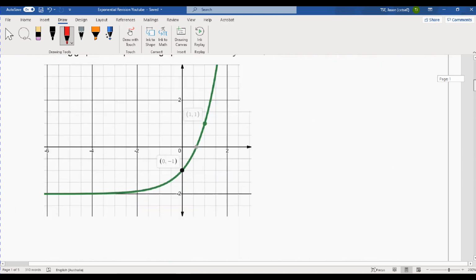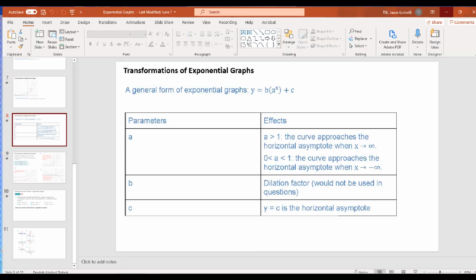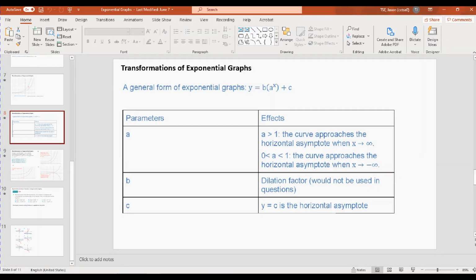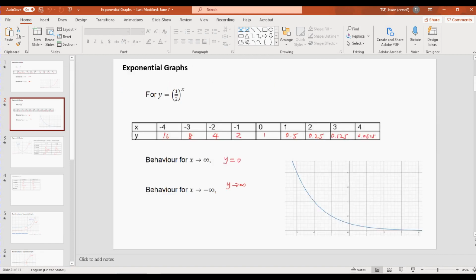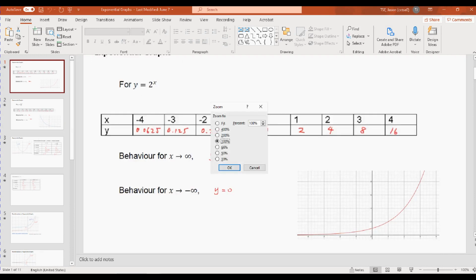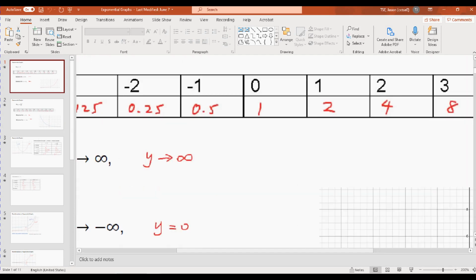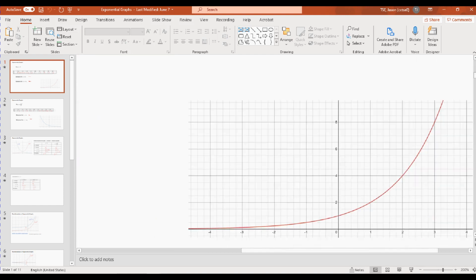All right, and how about exponential graph? Okay, so let's have a quick look at what we've learned in the exponential graph. Okay, first of all, the feature of all the exponential graph is like, okay, I need to amplify this a little bit. Okay, we know that this is sort of an exponential graph.